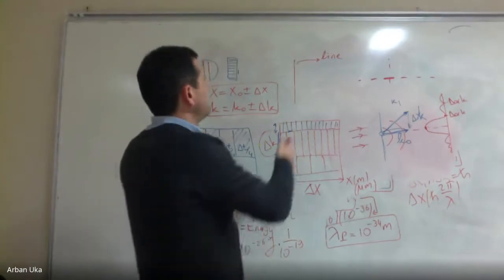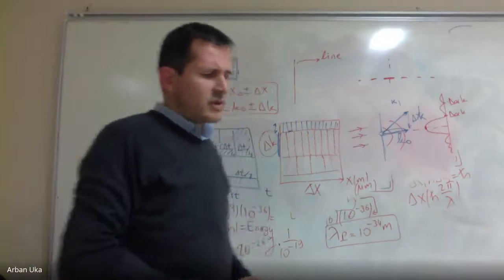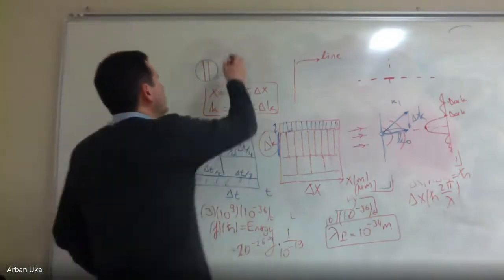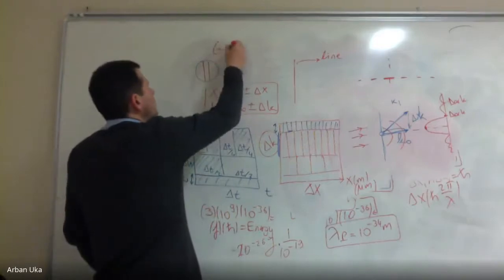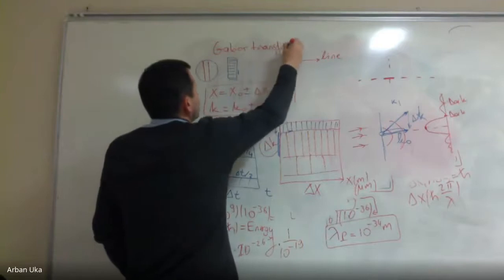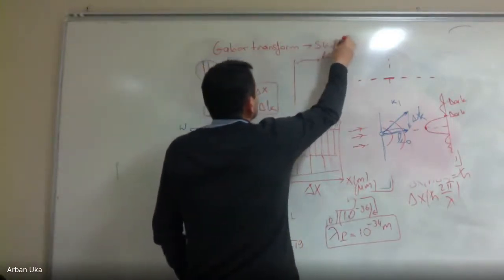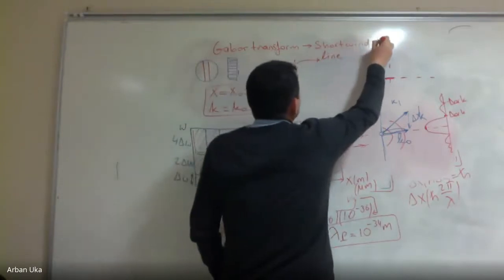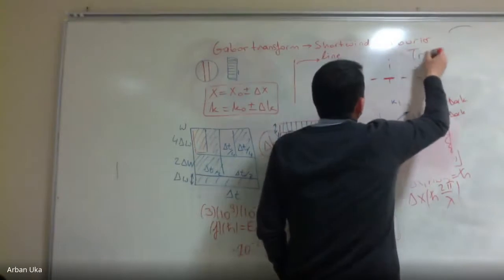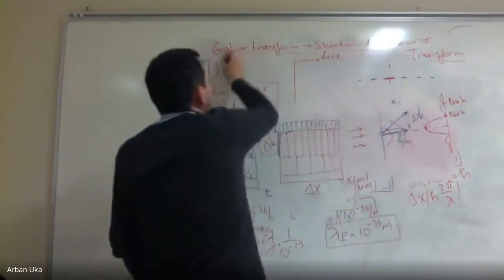So the line, anyway, I think we gave the examples here. Now, with all of this discussion, all we wanted to explain was the following: the Gabor transform. The Gabor transform is equivalent to the short window Fourier transform. Okay, how does it do it?